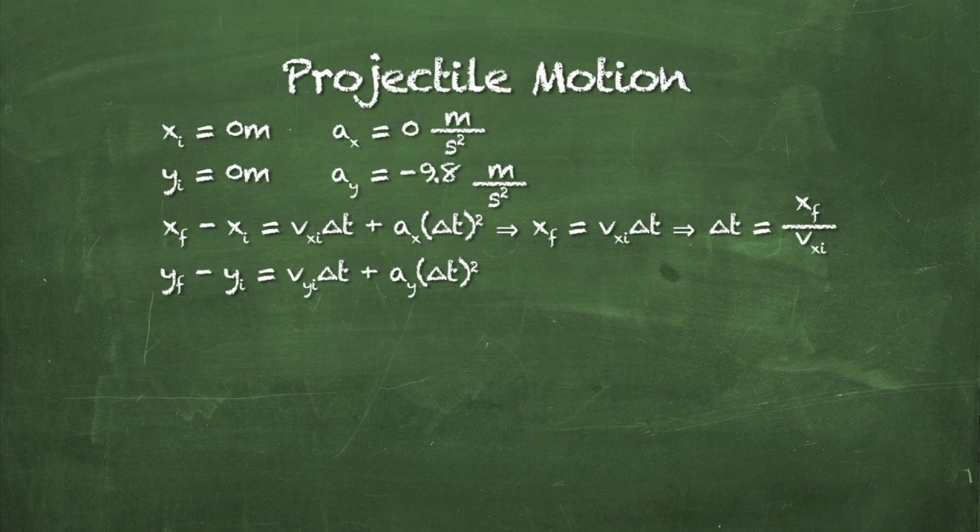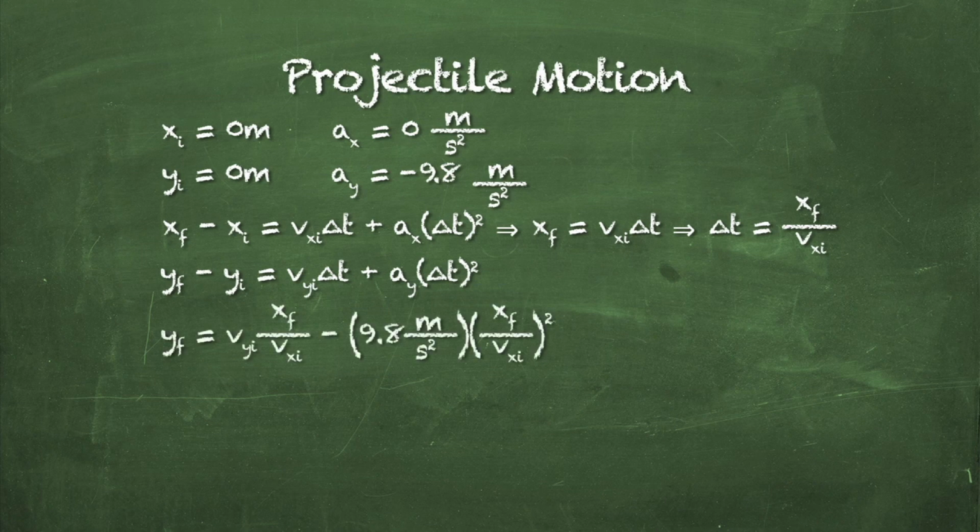And this gives us an equation for the y position of the projectile: y final equals Vy initial times x final over Vx initial minus one half times 9.8 meters per second squared times x final divided by Vx initial, that quantity squared.